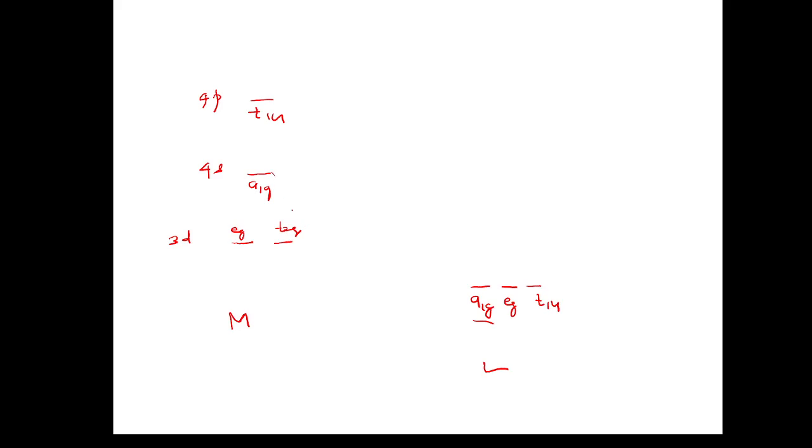Now A1g will basically interact with this A1g orbital of the ligand. It will form the A1g bonding orbital, and then you have A1g star as an anti-bonding orbital. Now we have Eg. It will form the Eg bonding orbital, and it will form the Eg star.